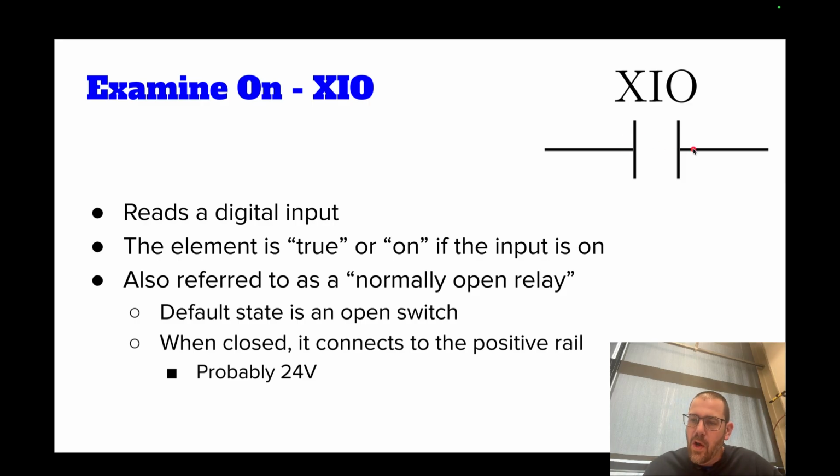If the switch is closed, so if there's 24 volts here, then it would connect this output side to 24 volts. So if the relay is closed, or there's 24 volts here, then the XIO is considered on. So its default is an open switch. You could think of it when closed as connecting to that 24 volt power rail.